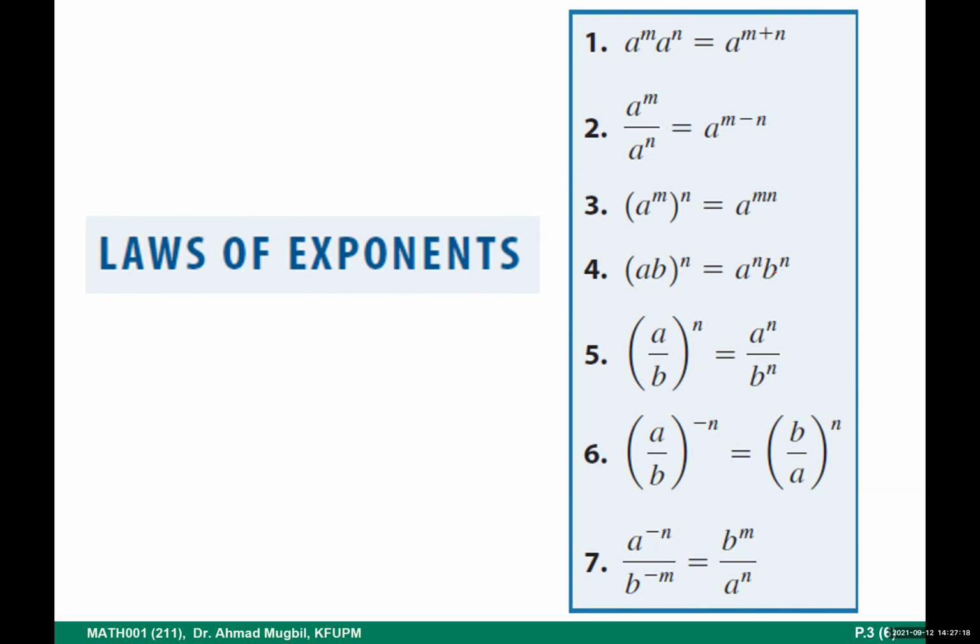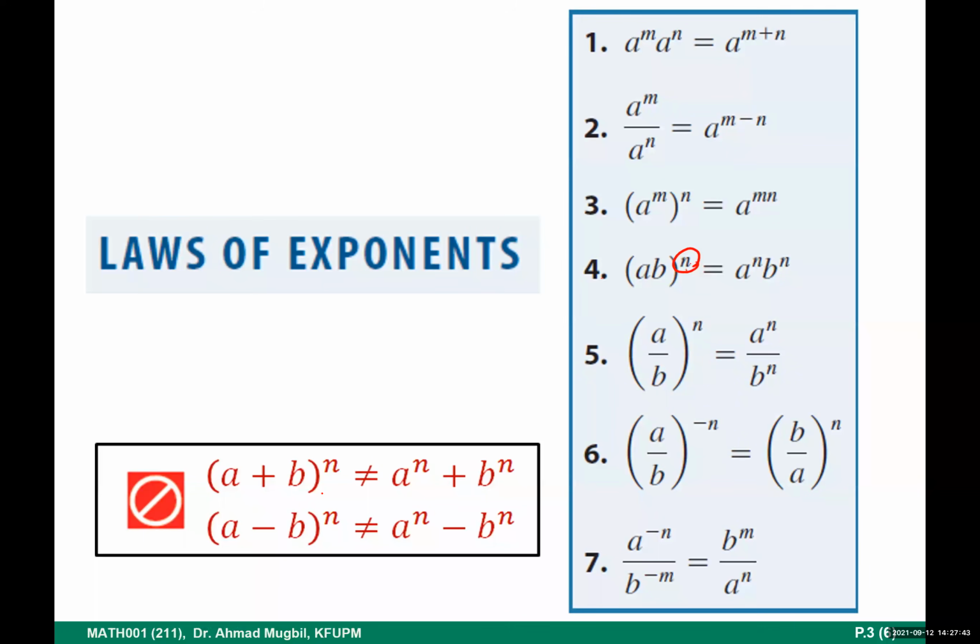So we were here. Now, what does law number 4 say? It says that if you raise the product to a power, raise each factor to that exponent. In other words, you can distribute the power or the exponent over the product, similarly over the quotient, but not over the sum and the difference.